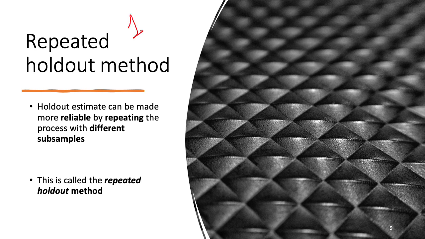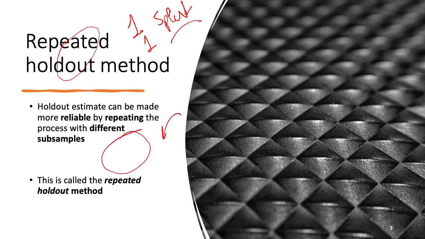One way to have a more reliable evaluation or estimation, instead of doing the holdout method once, is to do something called the repeated holdout method. Instead of drawing one random split and evaluating the performance on the test data, we can do multiple subsamples. You do that once, you put that data back into one population, and then you draw a second random sample and test your performance on this one.